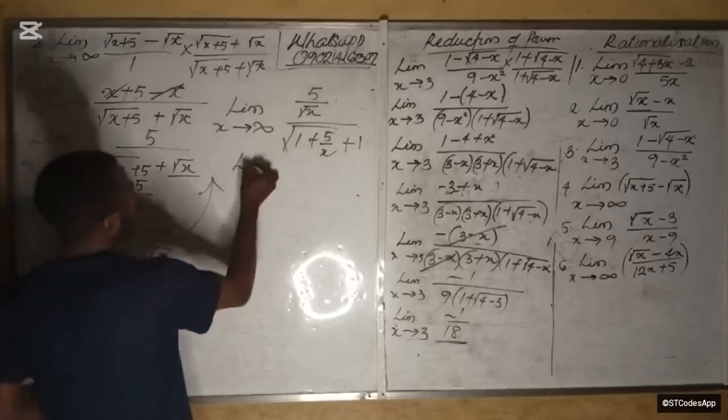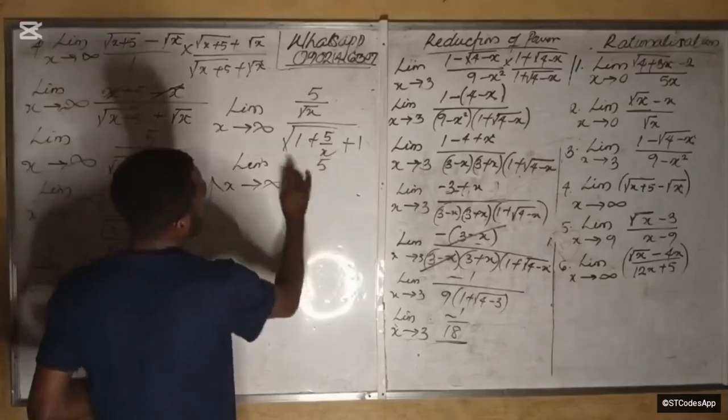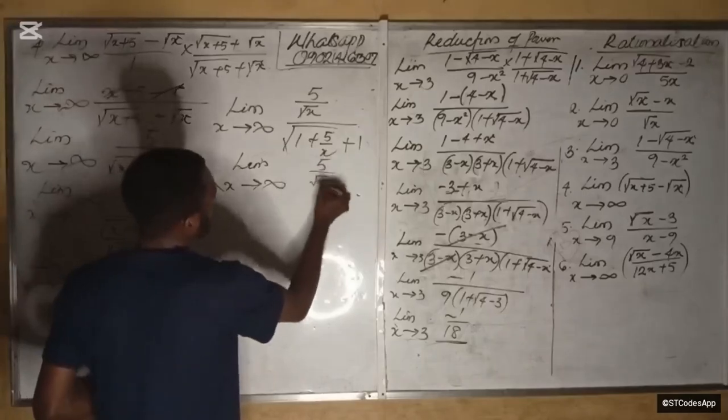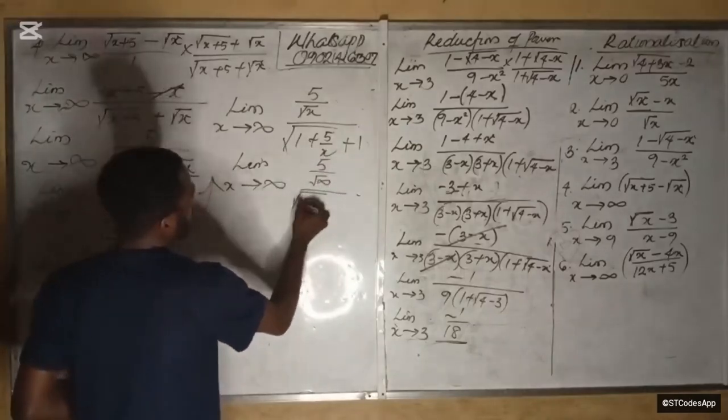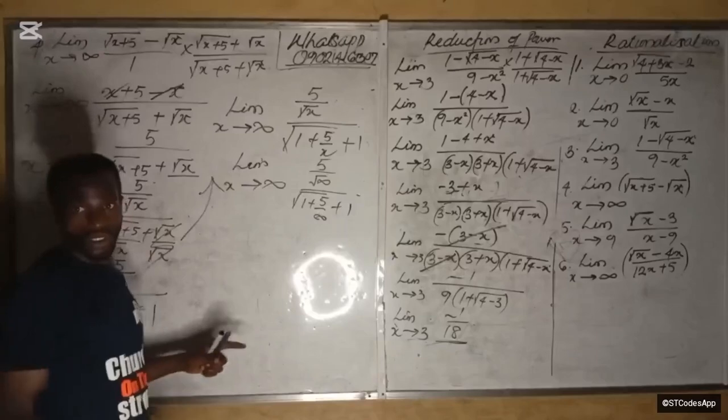So the limit as x approaches infinity of 5 over square root of infinity, over square root of 1 plus 5 over infinity plus 1.